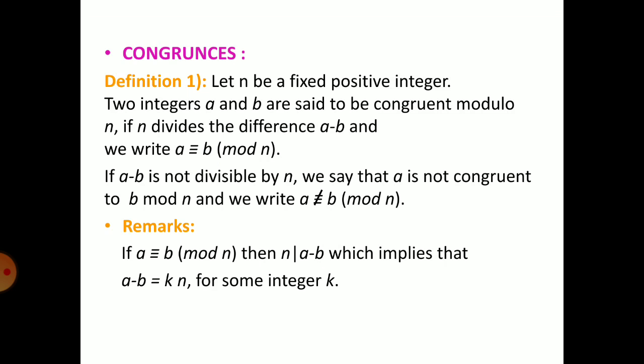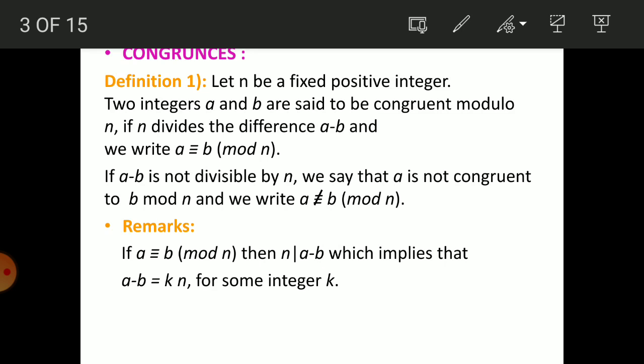That means if we consider two integers a and b and n is a fixed positive integer, if the difference a minus b is divisible by the integer n, that is n divides a minus b, then we say that a is congruent to b mod n, and we write this in this form: a ≡ b (mod n).